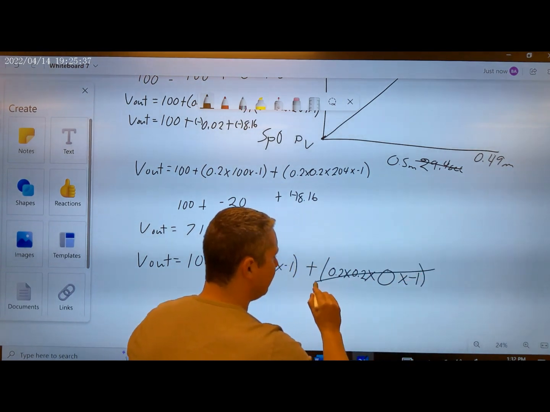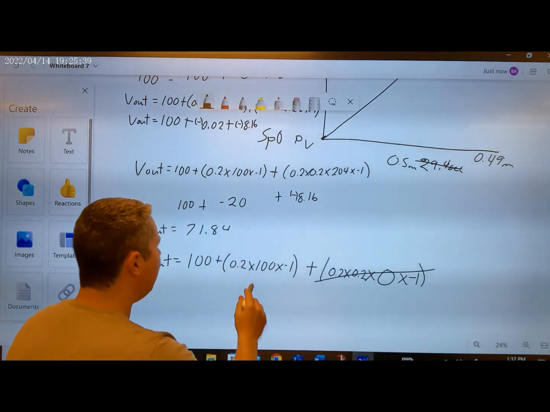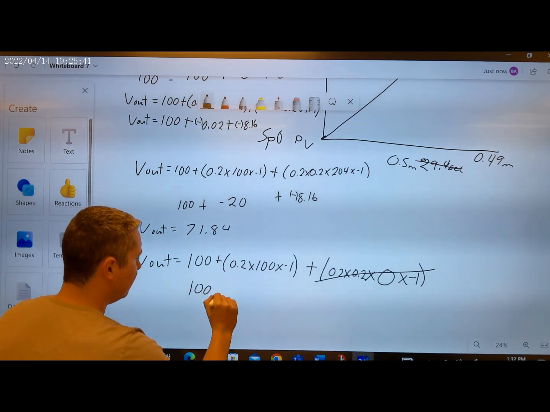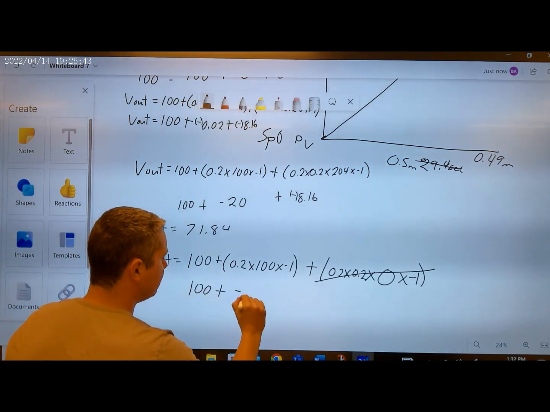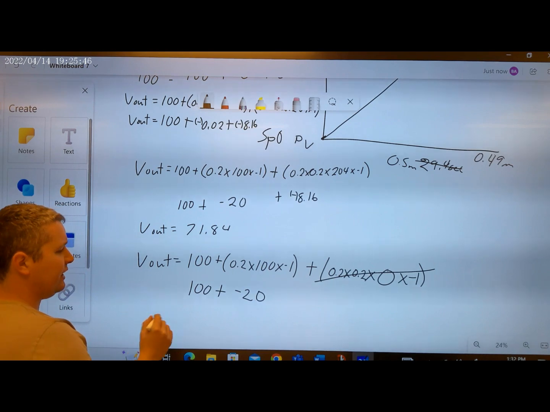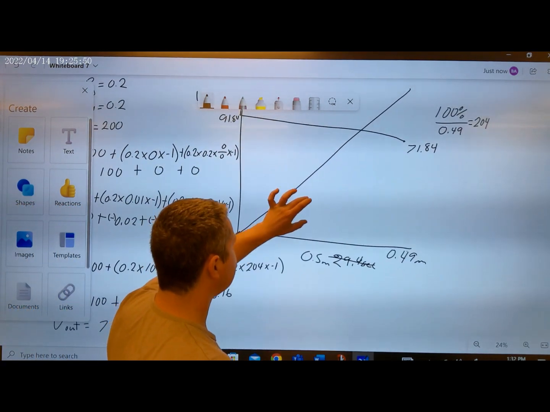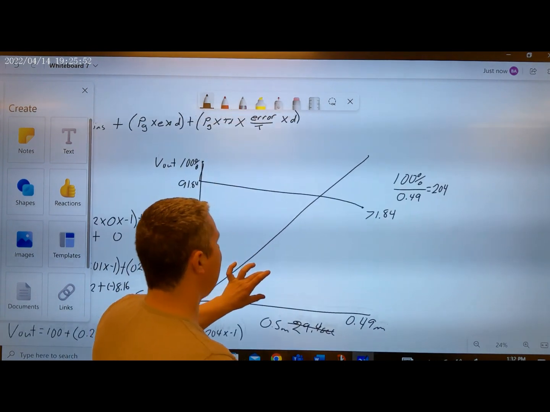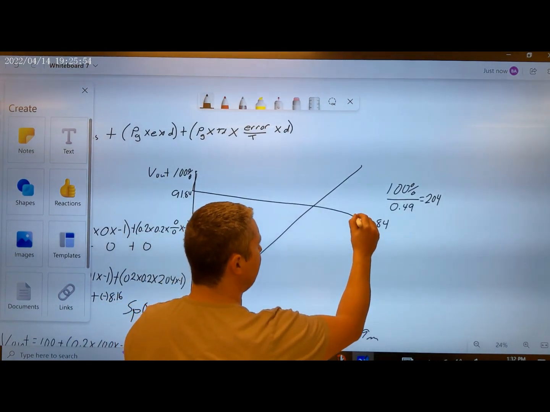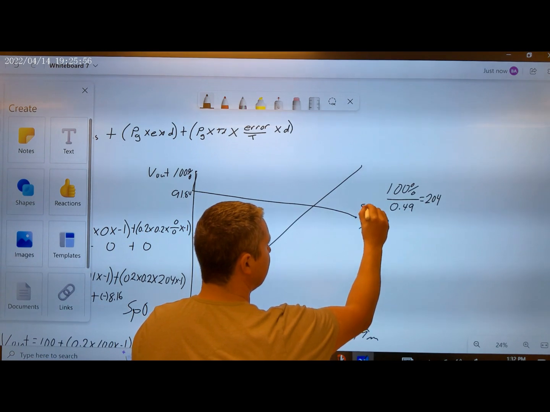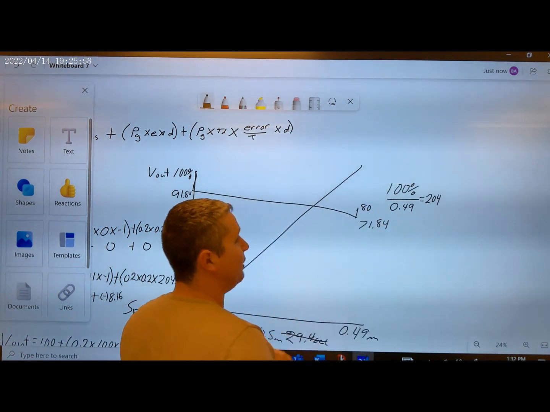Well, that makes that whole thing 0. So now we have 100 plus minus 20. So our V out equals 80. So what's going to happen is this is now going to jump up to 80% output.